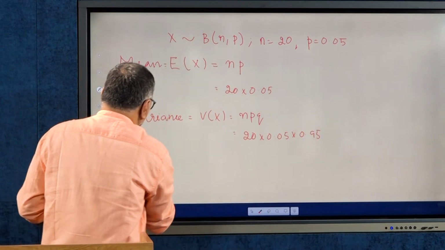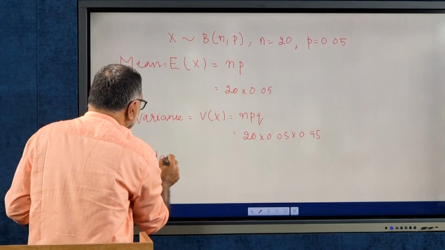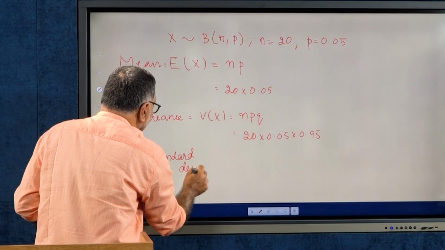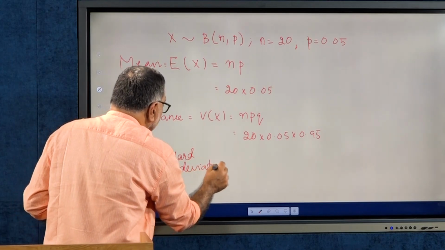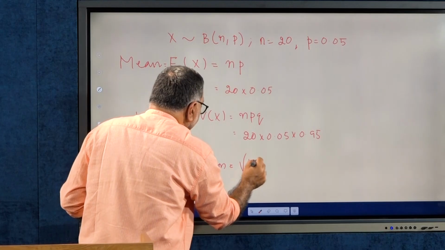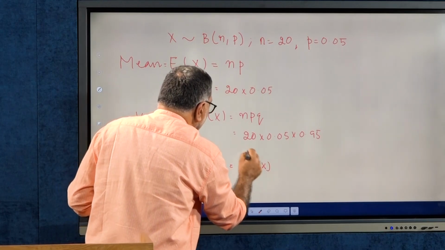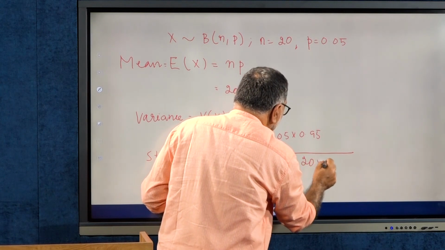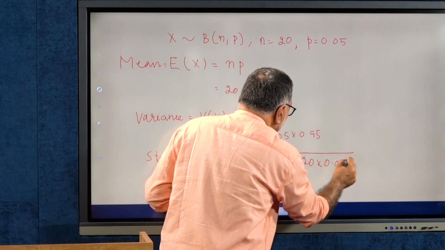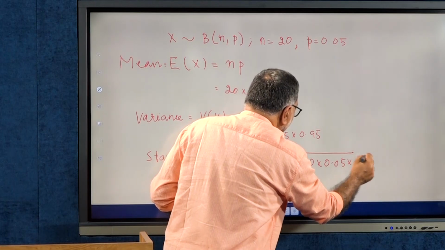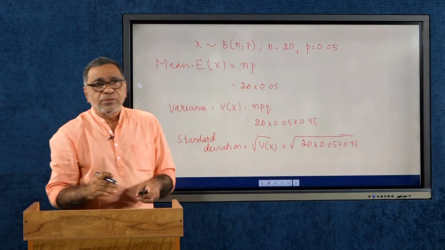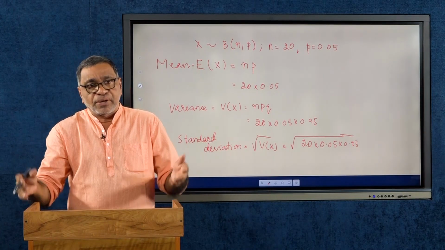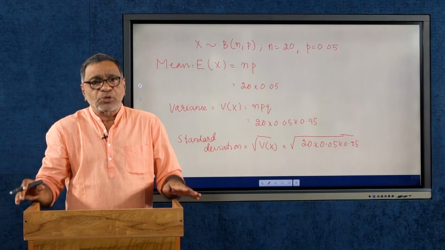And if your question is about the standard deviation, that is the square root of the variance, the square root of 20 into 0.05 into 0.95. Like this, we can find the standard deviation, the variance, such quantities.